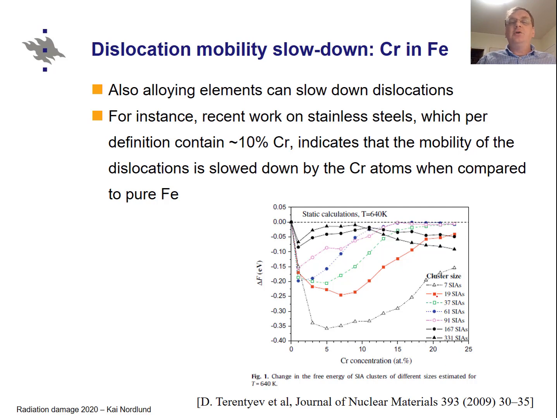One thing which on the other hand is definitely true is that alloying elements can slow down dislocations. That's one of the main reasons why metals are alloyed: by slowing down the dislocations, you increase hardness and reduce plasticity, which for mechanical properties is generally a desired quantity. A very simple example is that completely pure gold, 24 karat gold, is an extremely soft metal.